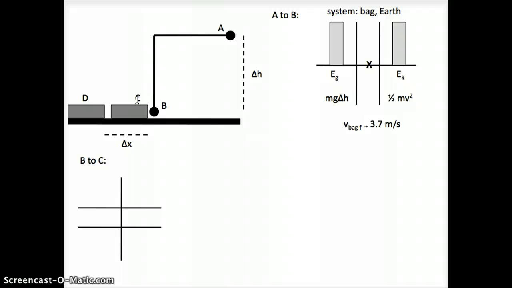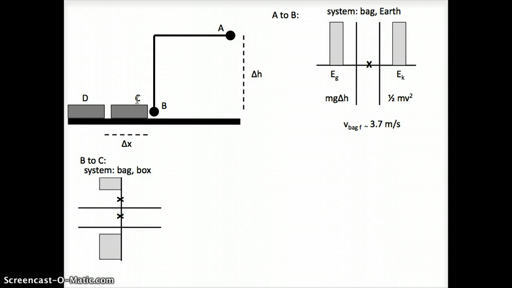That is, if we consider all the objects that we're concerned with in that collision, that is the bag and the box, we can use the fact that the momentum of the bag before that collision is equal to the momentum after the collision of the entire system, which is going to include the bag and the box.